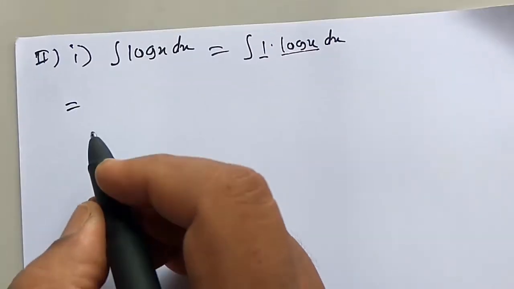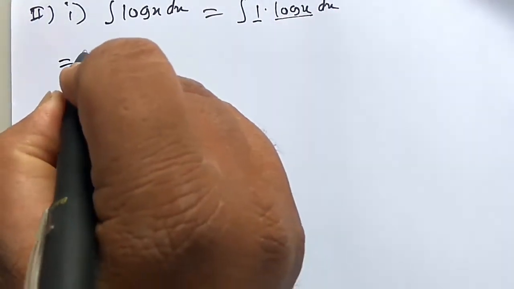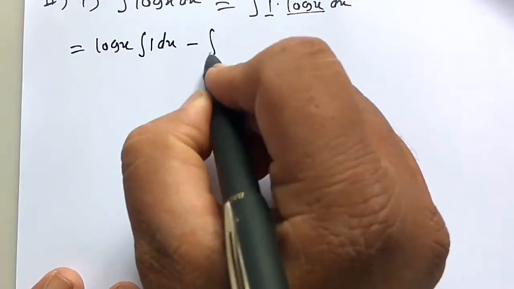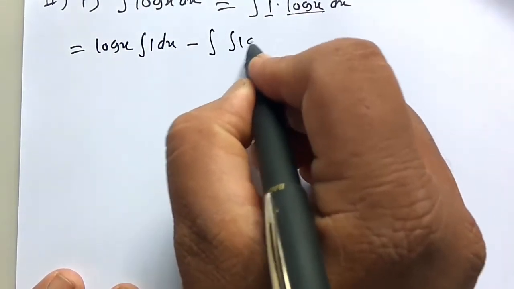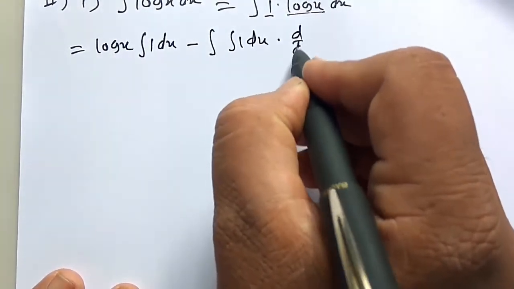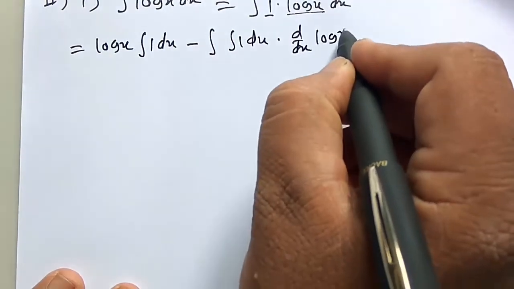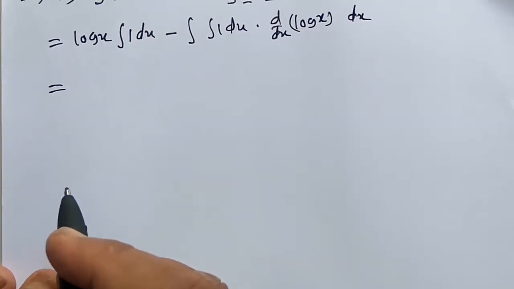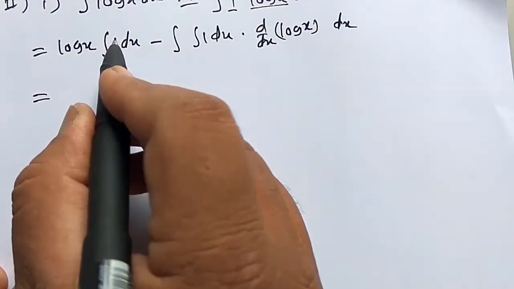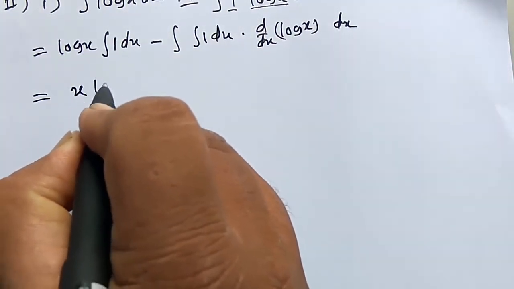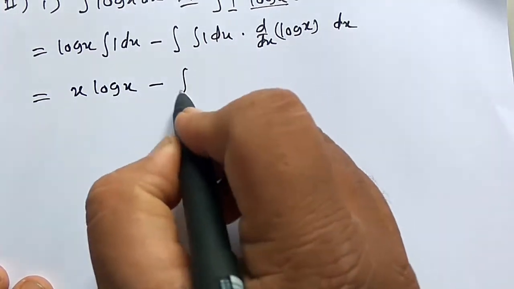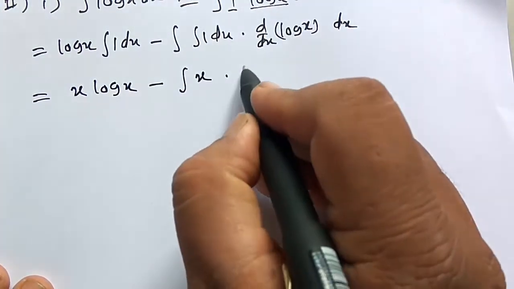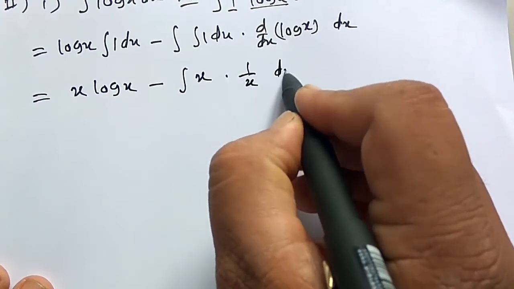So this is equal to, integration by parts, log x, integration of 1 dx, minus integration of 1 dx into derivative of log x dx, is equal to integration of 1 is x, into log x, minus integration of x, derivative of log is 1 upon x dx.